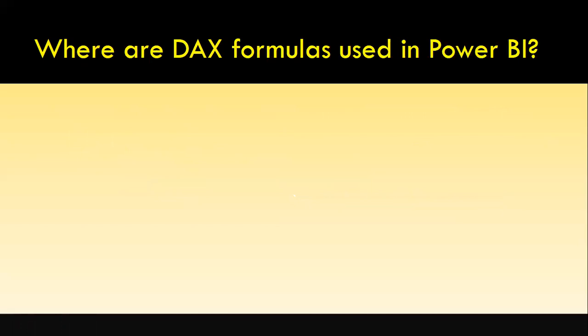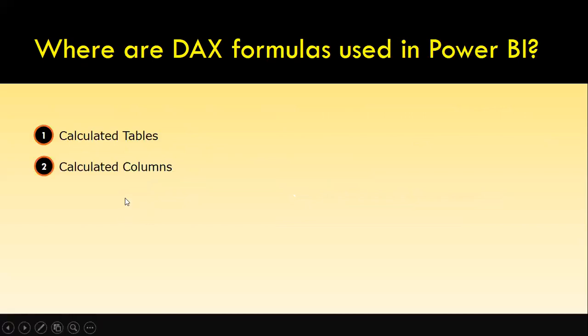Okay. So where are DAX formulas used in Power BI? The calculated tables, the calculated columns, and measures. What are calculated tables? Suppose you want to create the date dimension. You remember we have created the table, right?